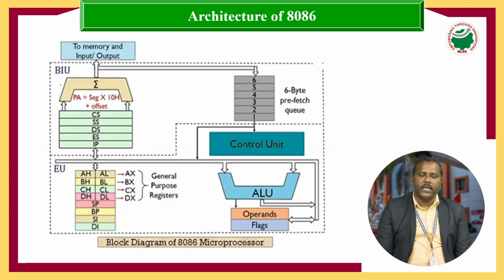The size of the queue is 6 bytes long. Execution unit takes the instructions from the instruction queue, executes them and stores the result in registers. The main linkage between bus interface unit and execution unit is the instruction queue. The size of the instruction queue is 6 bytes long.